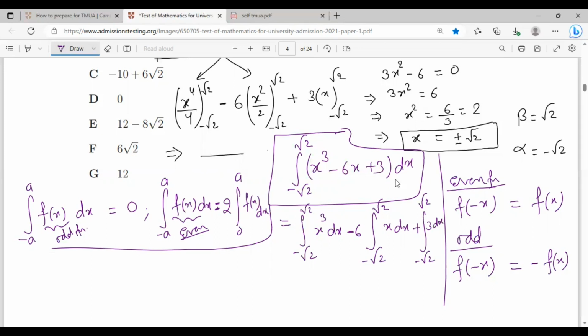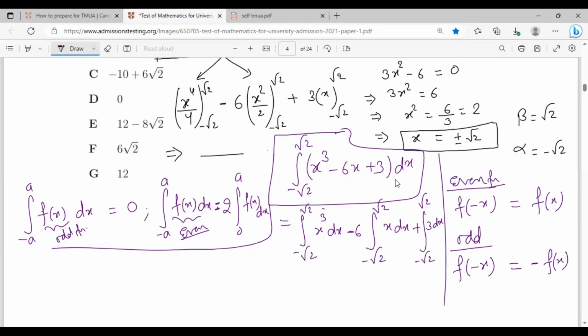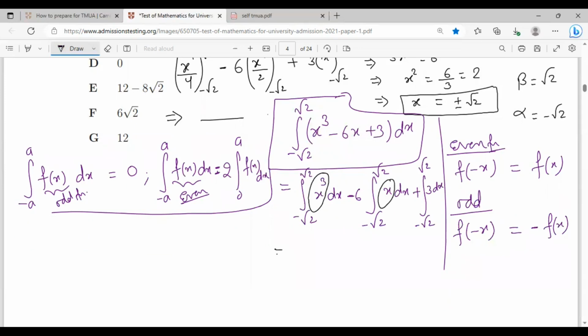It's very obvious that x cube is an odd function, and x is an odd function, so their integrations will be 0. We have to simplify only the last one, and a constant function is an even function, or you can integrate it directly also.